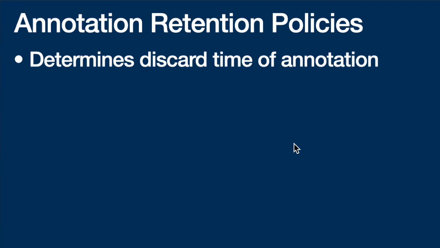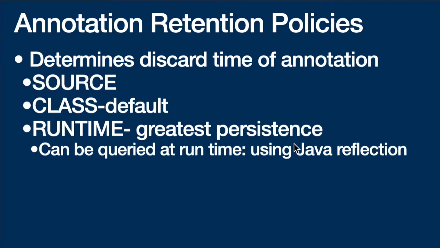Is it discarded during compile time, is it kept in the class file, or is it kept during runtime? The retention policy is specified with enum values. We have got a RetentionPolicy enum, and it has three named constants called SOURCE, CLASS, and RUNTIME.